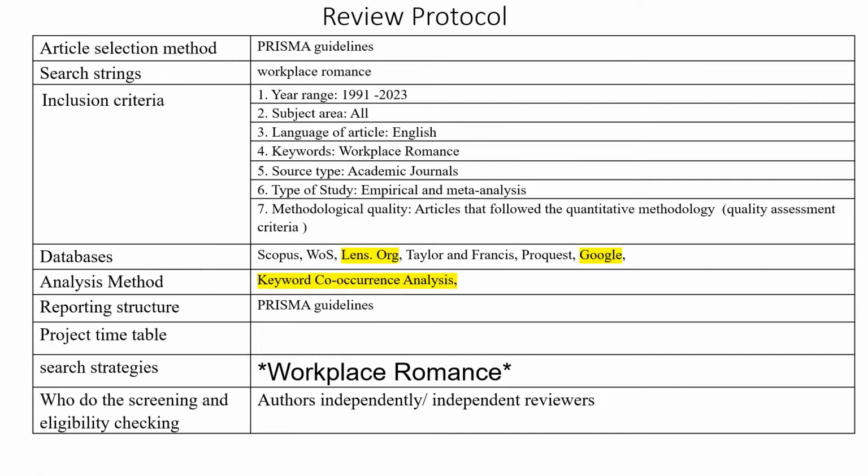So the article search, article screening, and eligibility checking, in the sense of checking the quality of each article, was done independently. And if there is any disagreement about the inclusion or exclusion of a particular article, it must be resolved by agreement.